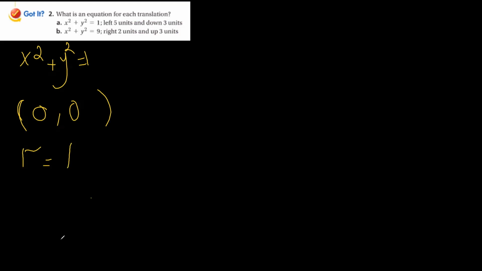The old circle is x squared plus y squared equals 1. So from here, if you have x squared and y squared, as I told you, that means the center is at the origin. And the radius is what? It is 1, because 1 is the radius squared, so r is 1.